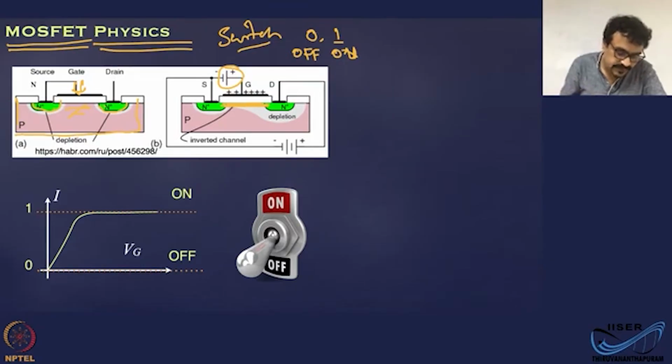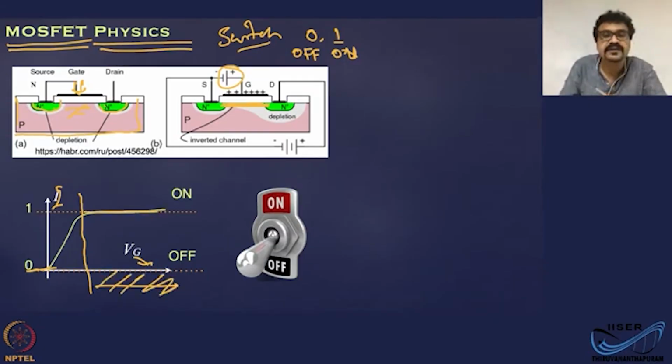This axis in this plot is Vg and this axis is current. When you have no gate voltage or low gate voltage, the current is pretty much off, 0. And when you apply gate voltage in this range, you have high current. So you can see this as a bistable device. There's an off state that corresponds to this, and an on state that corresponds to this.